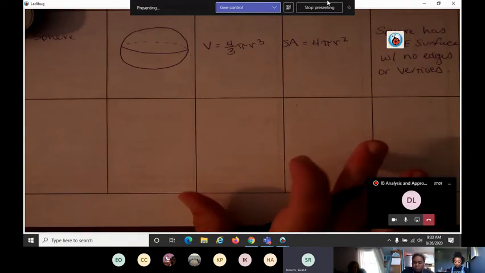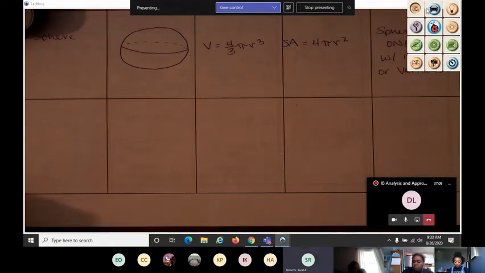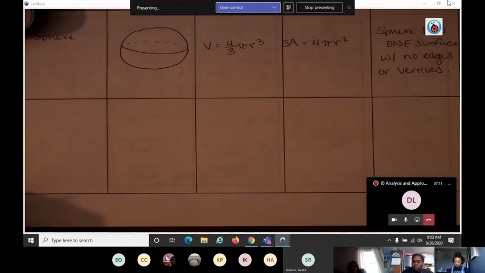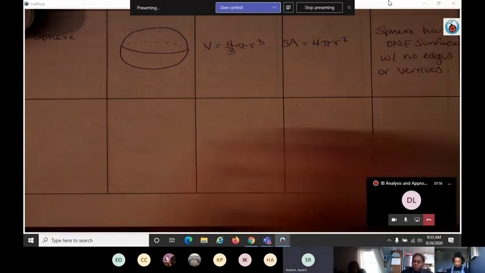Okay, and the very last shape we're going to talk about, let me move this stupid ladybug, always in my way, is the hemisphere.